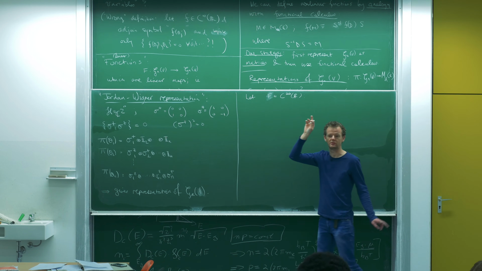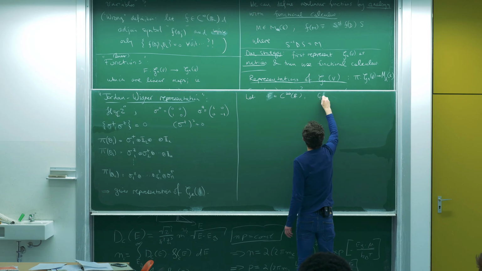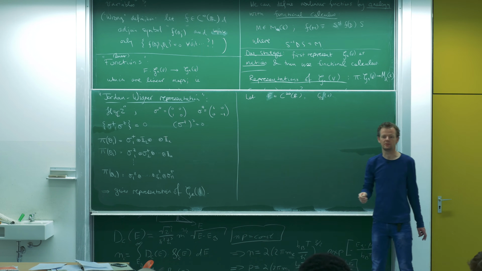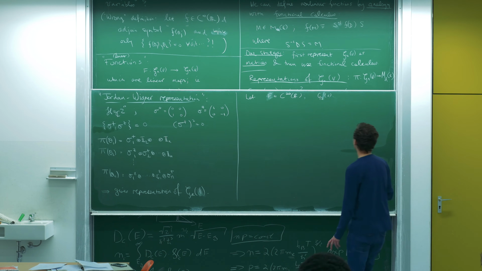So we're going to start with the single variable case. G1. So this is the vector space, which is the single Grassman variable, single Grassman number.